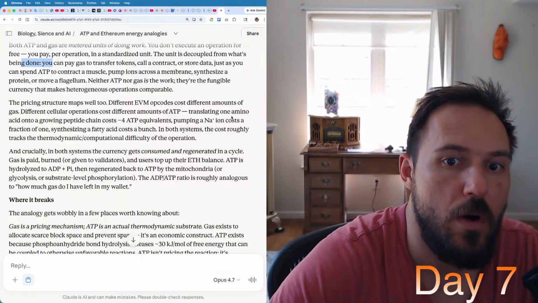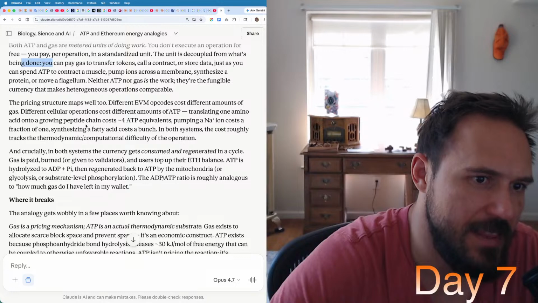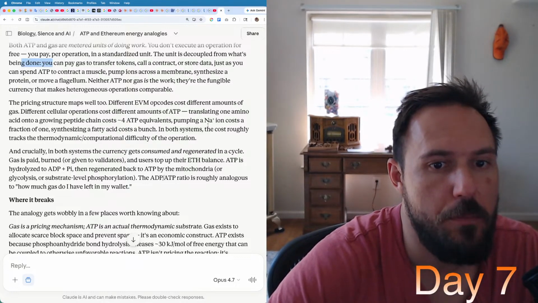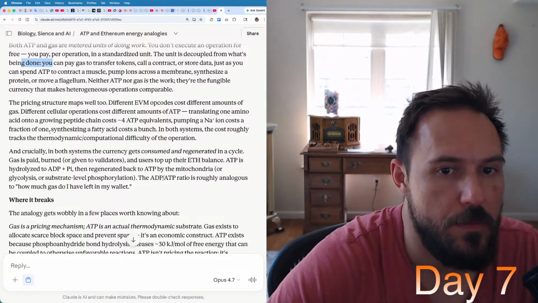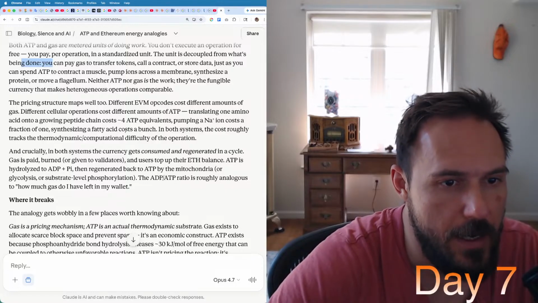Translation: one amino acid on the growing peptide chain costs 4 ATP. Pumping a sodium ion costs a fraction of 1. Synthesizing a fatty acid costs a bunch.